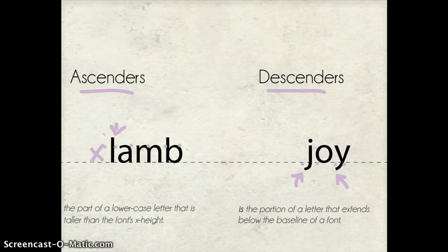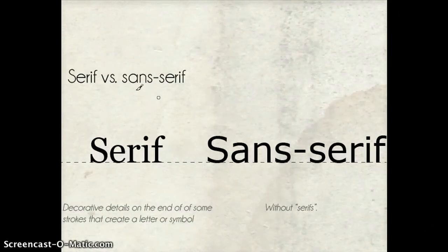Alright, and so lastly, we're going to be talking about serif versus sans serif. The main difference is serif has decorative details on the end of some strokes that create a letter or symbol. So these are right here on the S, and it's also on the R and the F as well.